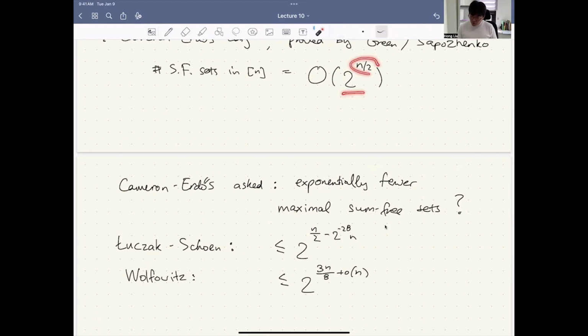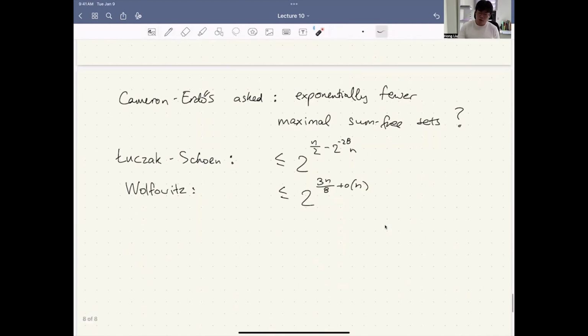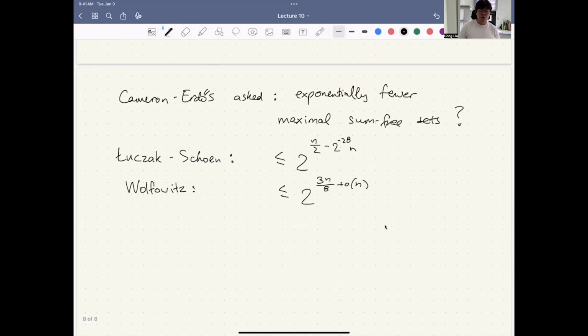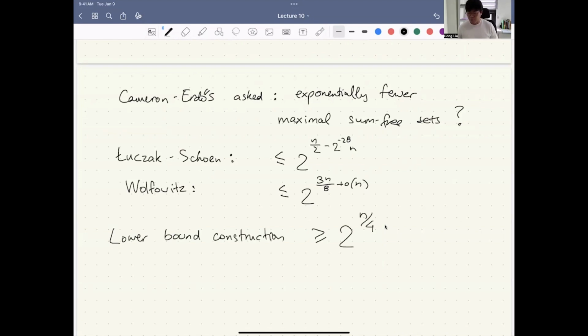Improved from 0.5 to 0.375. Now here's a lower bound construction originally given by Cameron Erdős of 2 to the n over 4.